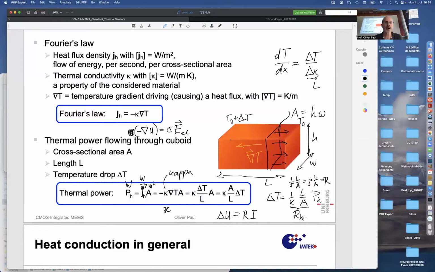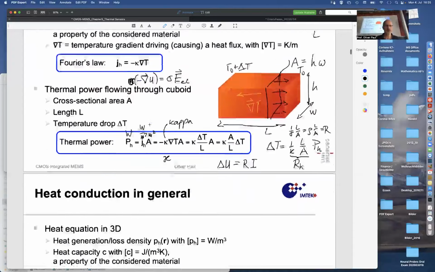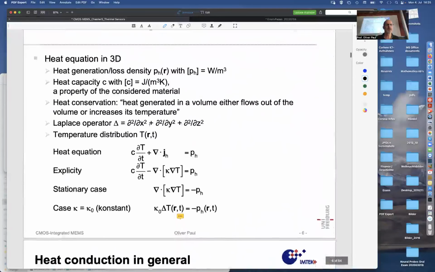Minus the gradient of the electrical potential is the electric field. So the analogy goes all the way to the end. And therefore, if we know how to solve an electrical conduction problem, we also know how to solve a thermal conduction problem. So heat conduction in general, let's continue.